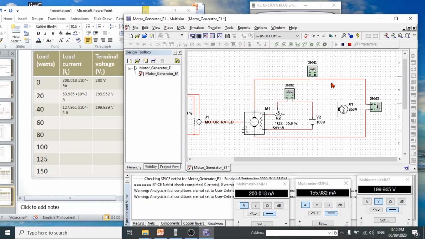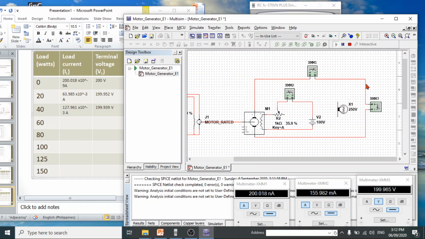However, since there is a voltmeter connected to the generator terminal, the internal resistance of the voltmeter is the one that draws current from the generator.